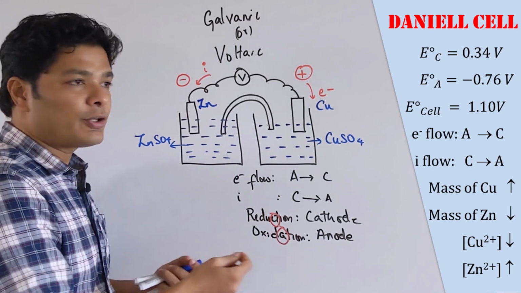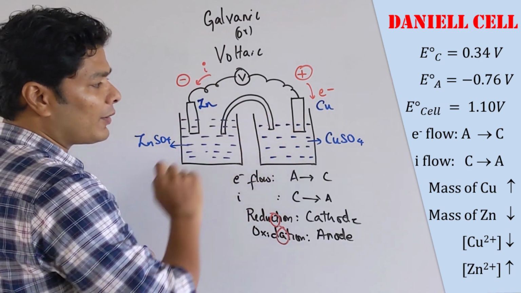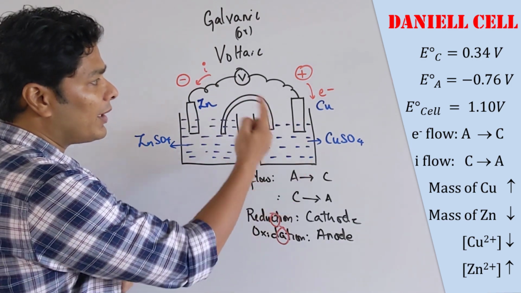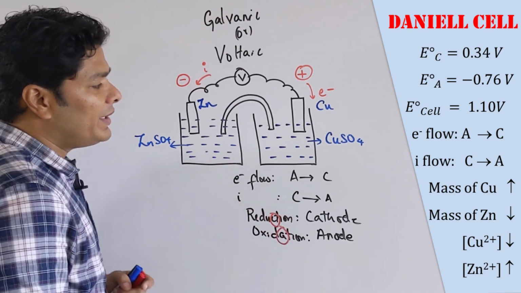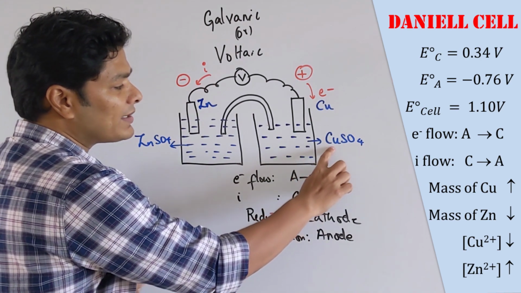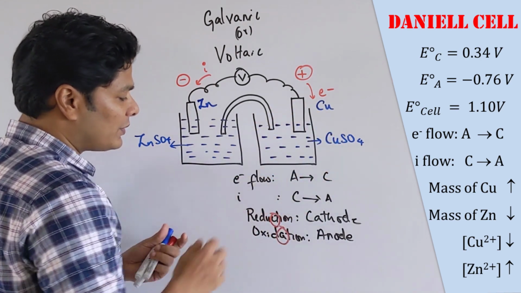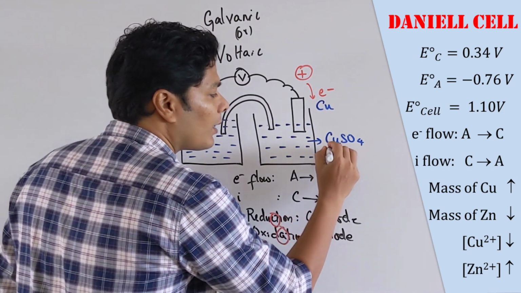But as the reaction goes, you can always say certain things. The electrons flow from zinc electrode to copper electrode, the current flows from copper electrode to zinc electrode, and as the reaction proceeds, because I am going to be doing my reduction in cathode, my Cu2+ goes to Cu. So that is the reaction in my cathode.